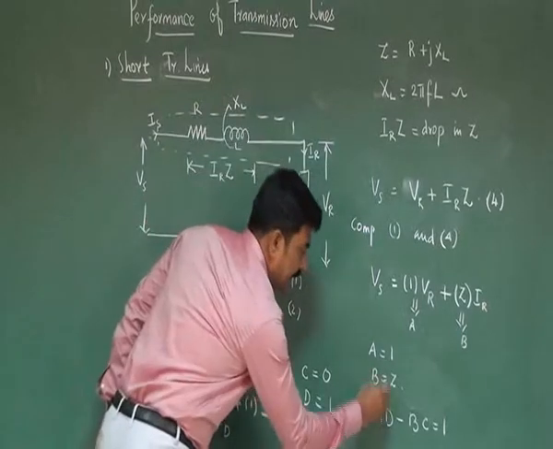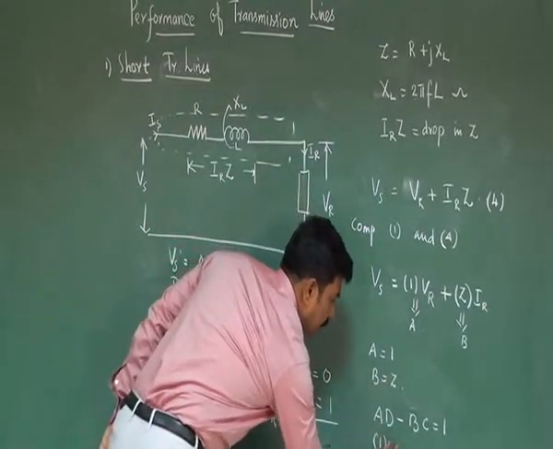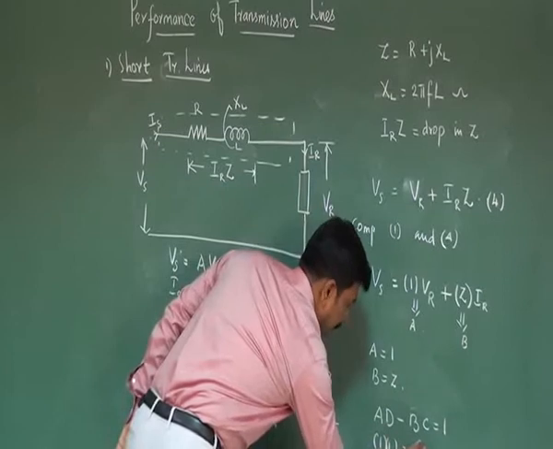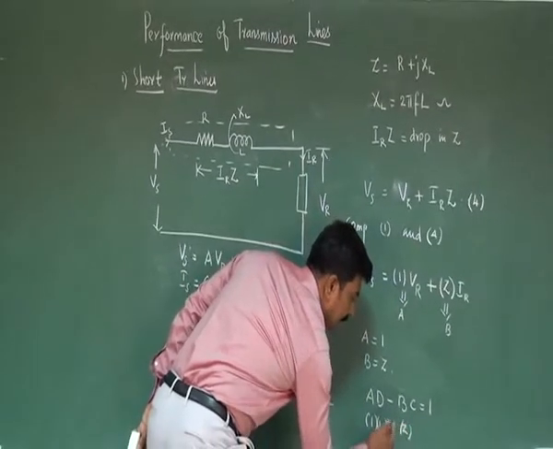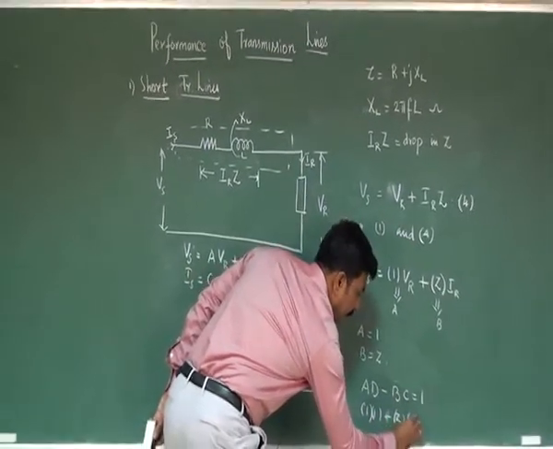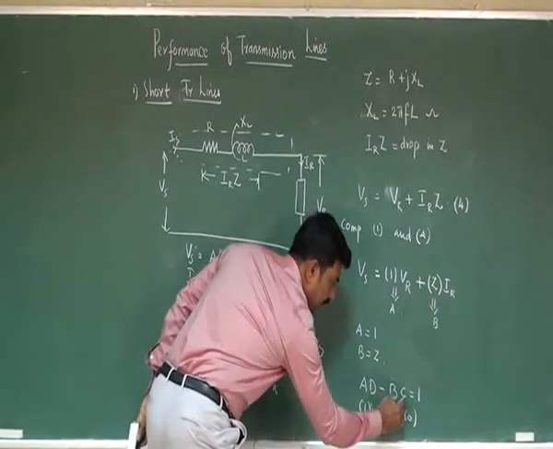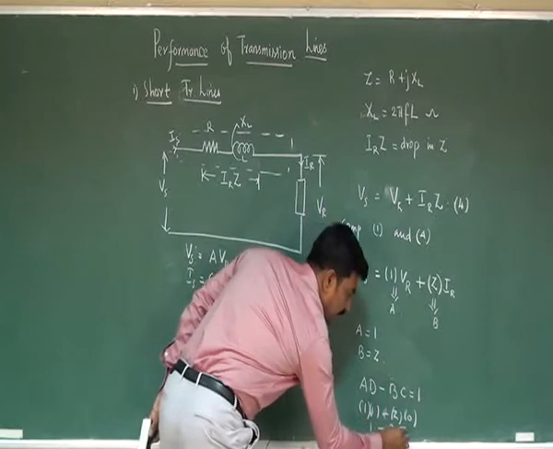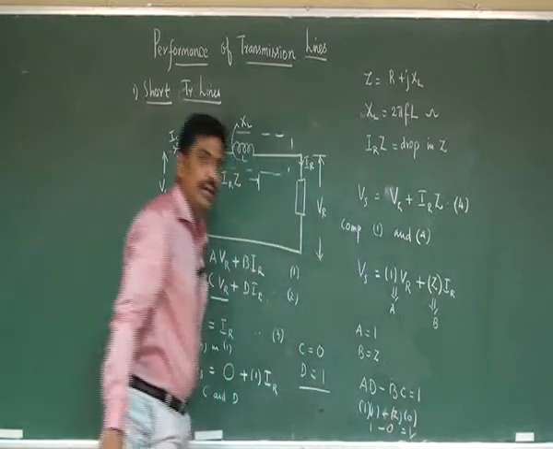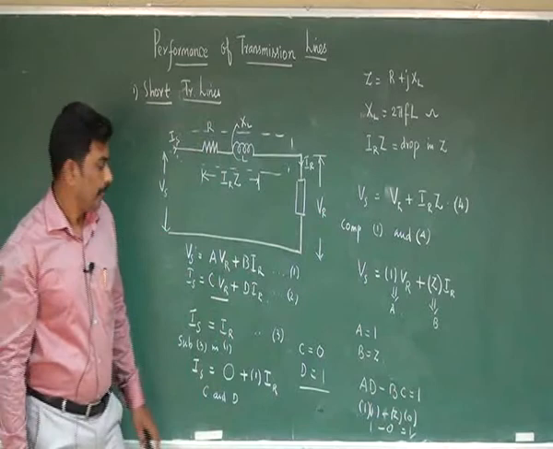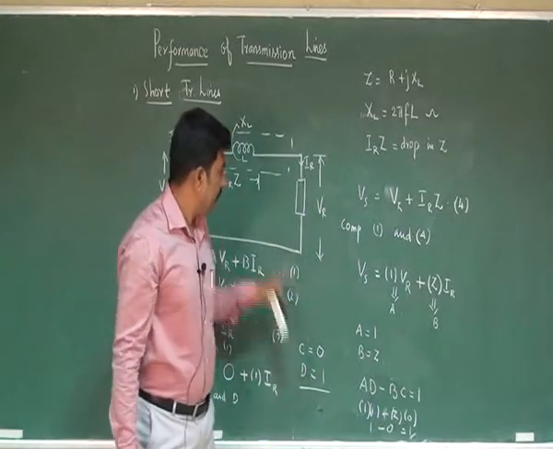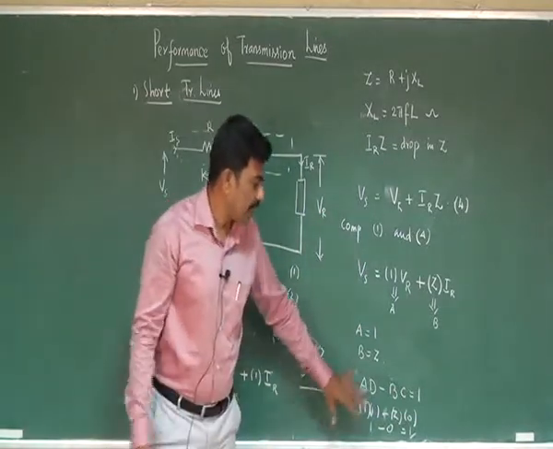Now what is AD? A is 1, D is 1, B is Z, C is 0. 1 multiplied by 1 you will get 1, minus BC which is 0, so 1 minus 0 you will get 1. So the identity is proved. This circuit model holds this identity exactly.